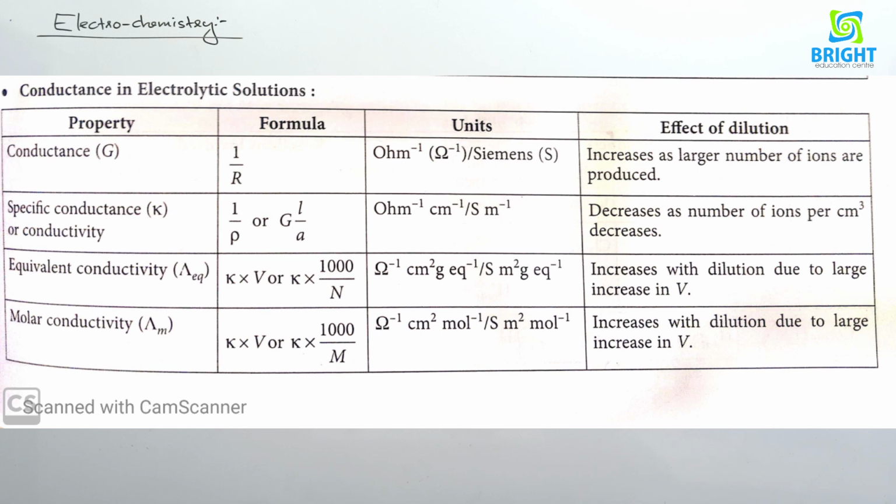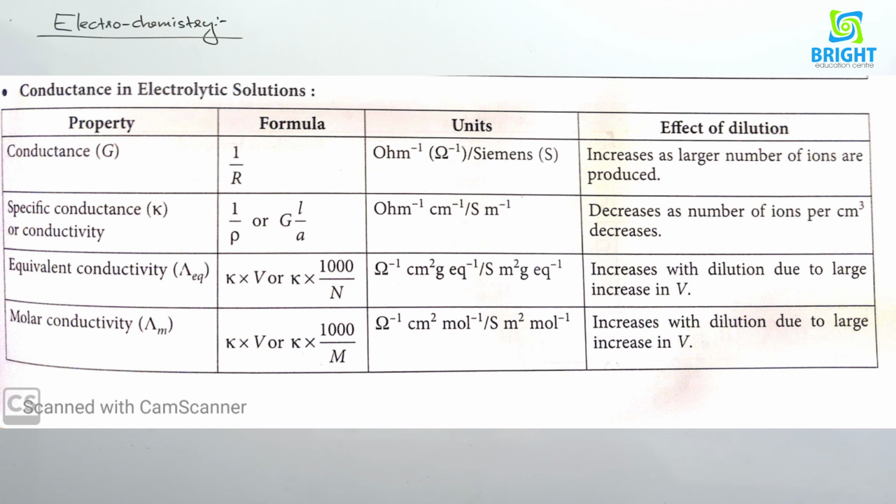Equivalent conductivity, that is lambda equivalent, is equal to kappa into V, or kappa into 1000 divided by N. The unit is ohm inverse centimeter square gram equivalent inverse, or S meter square gram equivalent inverse. Then another equation is molar conductivity, lambda M, is equal to kappa V, that is kappa into 1000 divided by M, where M is molarity. In the above, for equivalent conductance, we use normality.